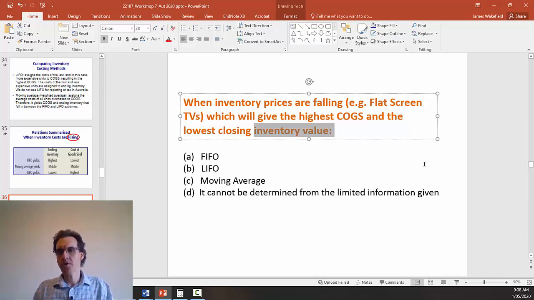Now, this is important. We need to remember that prices can increase and decrease over time. In Australia, we've been very fortunate over time that generally prices of inventory have fallen, at least in more recent years.